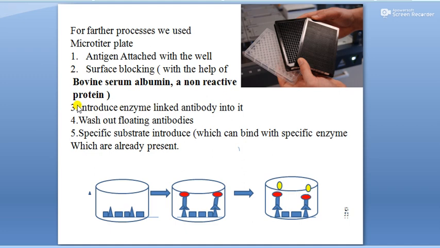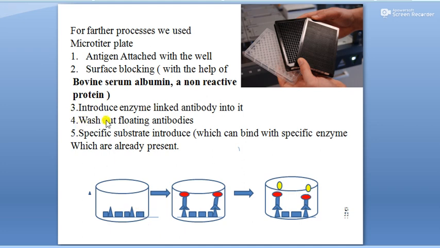Why surface blocking is needed? Because there are some empty places after entering the antigens into the microtiter plate. We need to block this open surface. That's why we use the surface blocking agent, that is bovine serum albumin, a non-reactive protein.